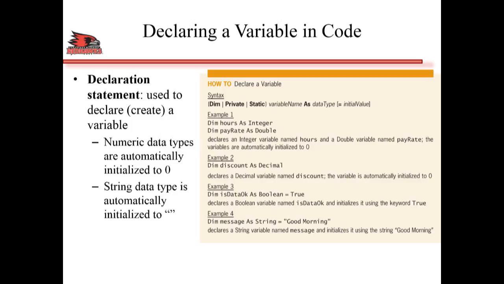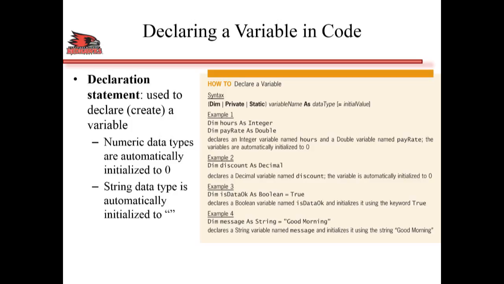So you first have to say one of three things: Dim, Private, or Static. I will come back to what each of these are, but right now, for the first word, we will generally be using Dim.